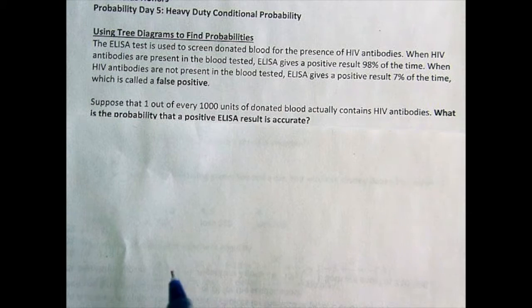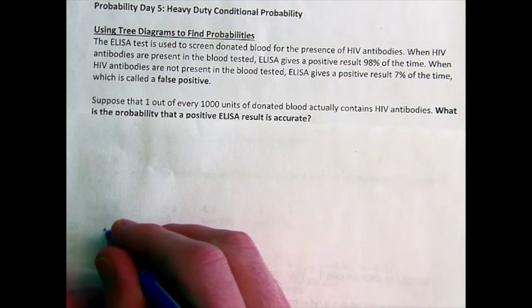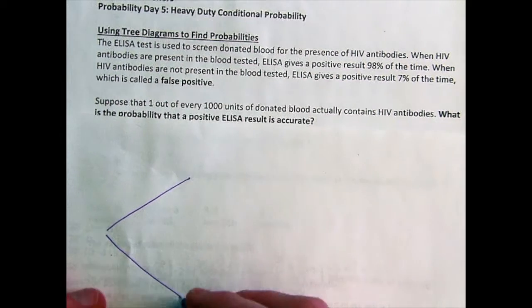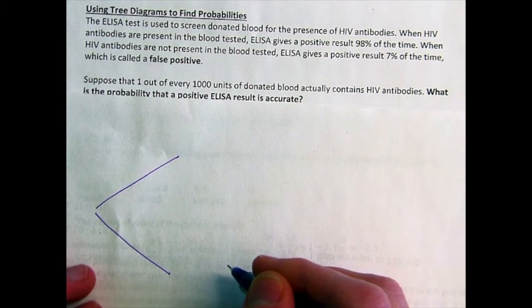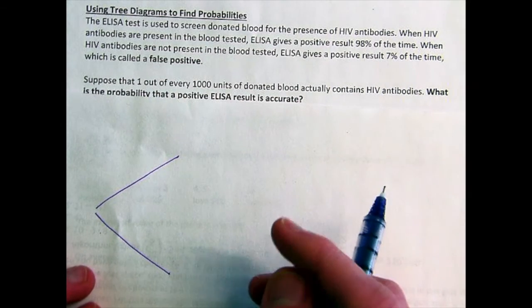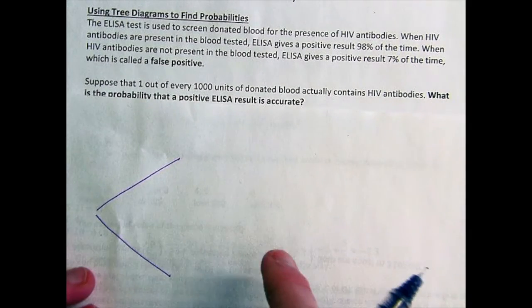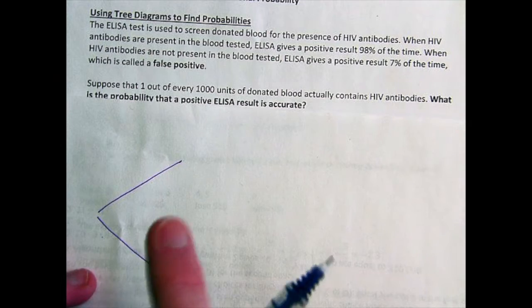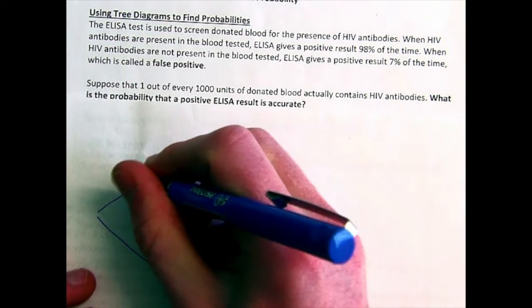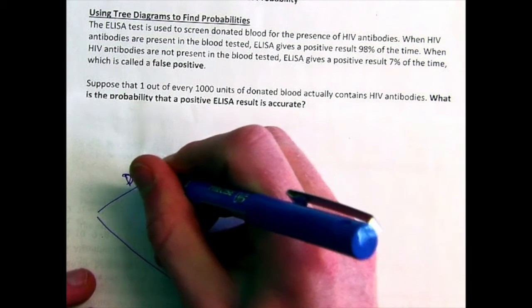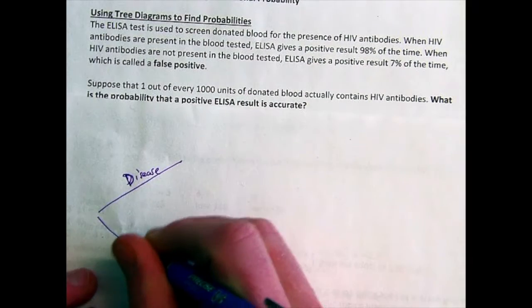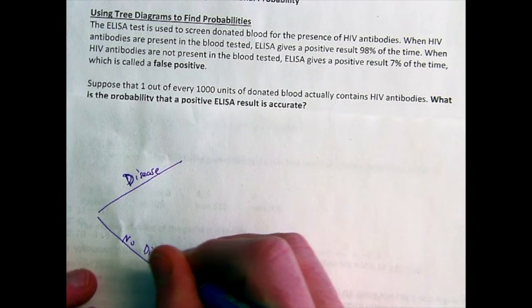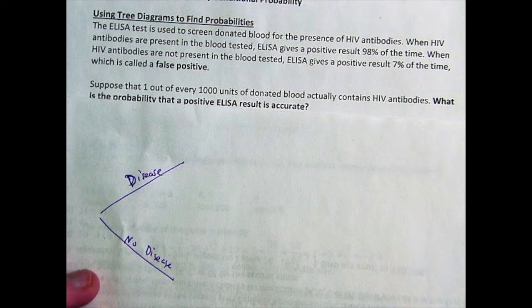We have to decide what our first split represents. Should the first split represent testing positive or negative, or having the disease or not? The answer is we should make it represent having the disease or not. And the reason for that is the following.